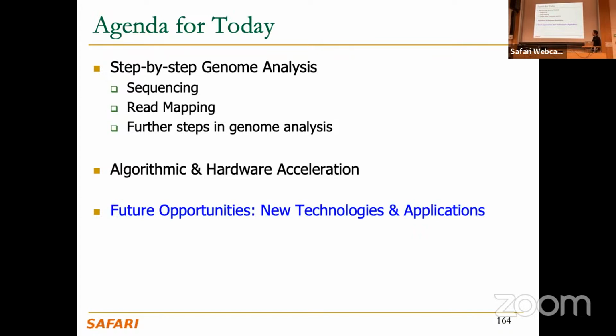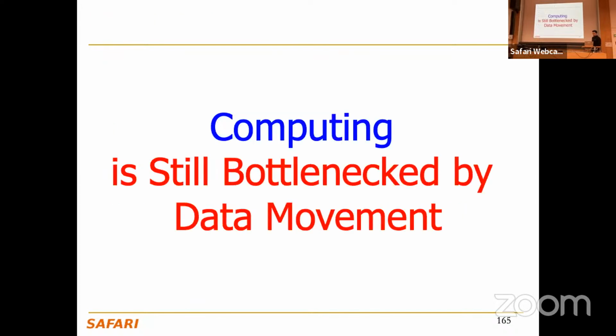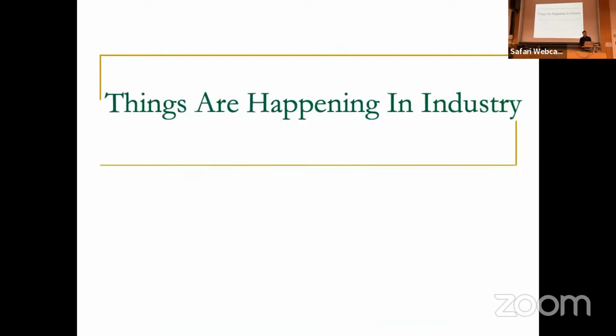So I'll now conclude with some future opportunities in genome analysis. What we see is that computing is still bottlenecked by data movement, because, as I said, there are many steps in genome analysis and many applications, and depending on the application, the needs will change. Remember the pipeline that I showed you earlier. But what we see is that things are happening in the industry.